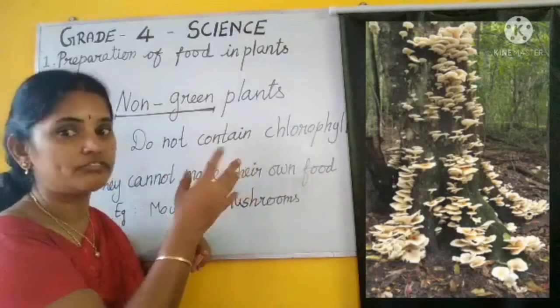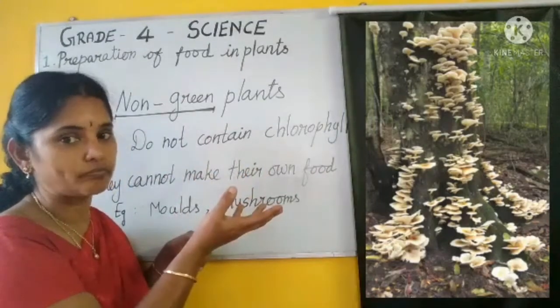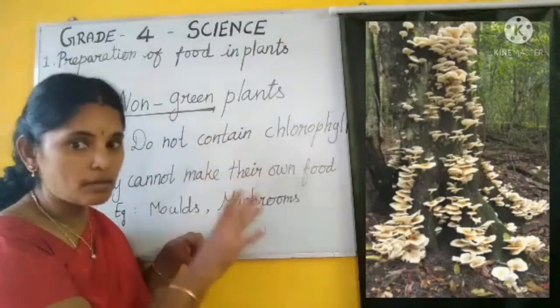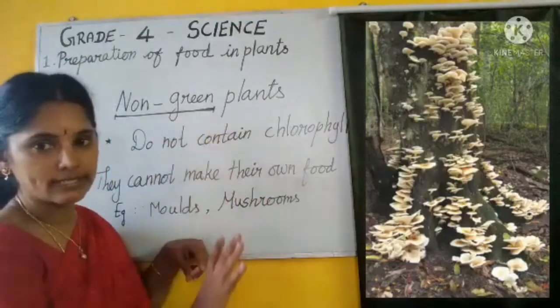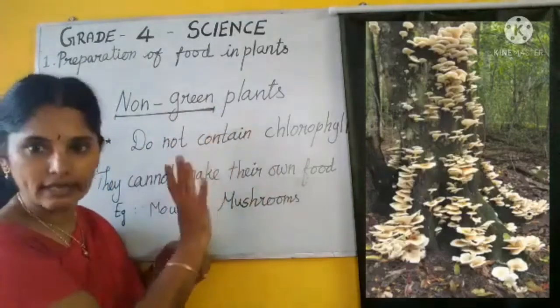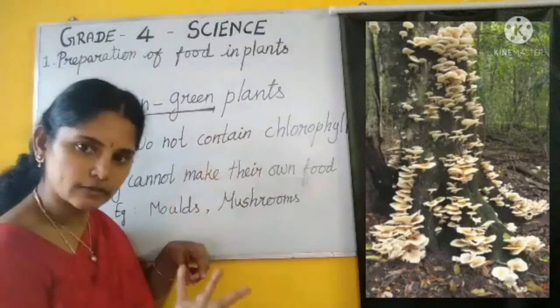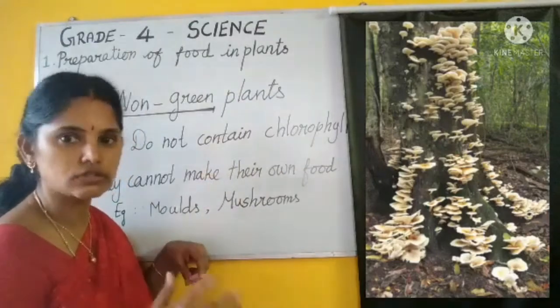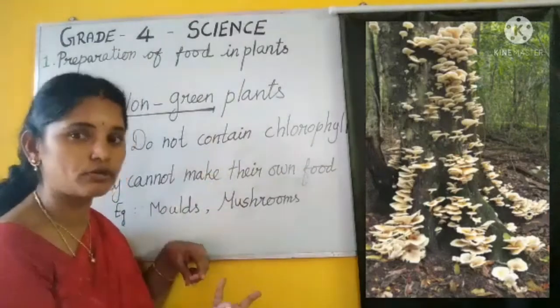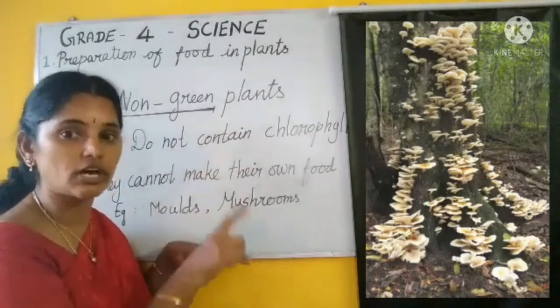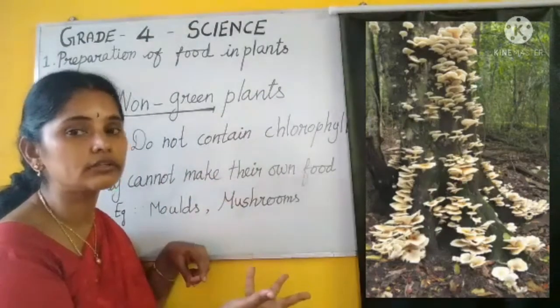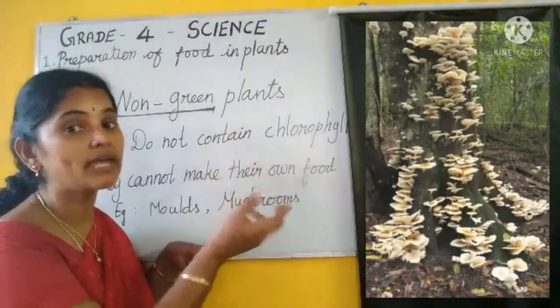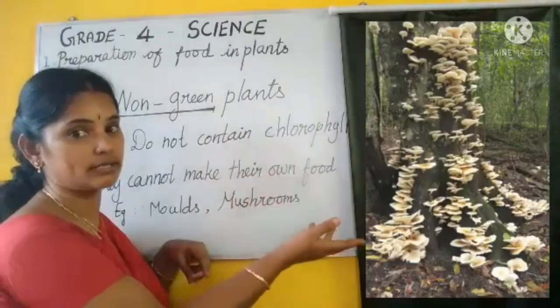Okay, so different varieties of mushrooms are there. All the mushrooms are non-green plants, do not contain any chlorophyll. Because there is no chlorophyll, there is no photosynthesis, they can't prepare their own food. ஆனா அது வளரணும்னா அது எங்க இருந்து food எடுத்துக்குது? They take the food from dead and decaying organic matter.